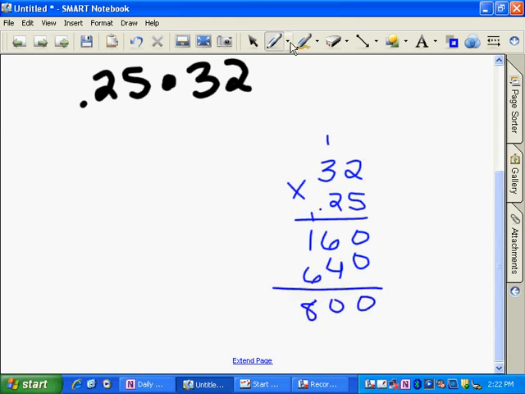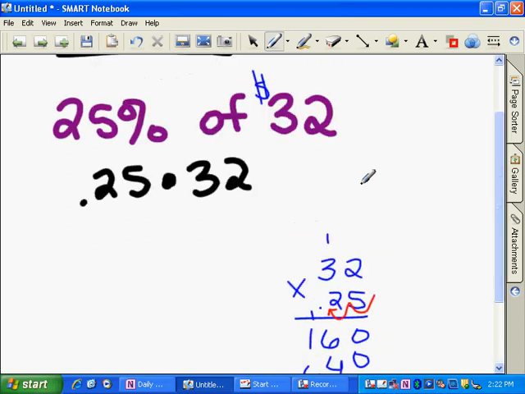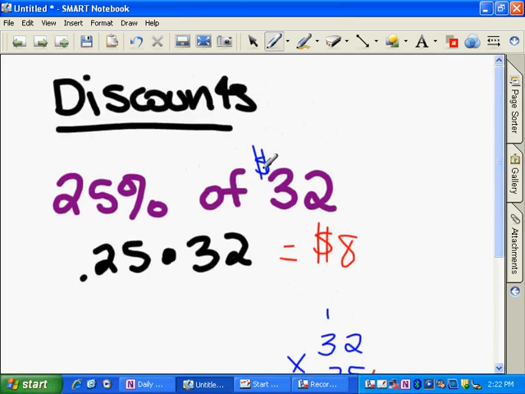I get 800, but because I have two places here in my decimal, I need to have two places here in the answer. So the answer is 8. But here is what this means. Okay? If something is on sale for 25% off of $32, that does not mean that it costs $8.